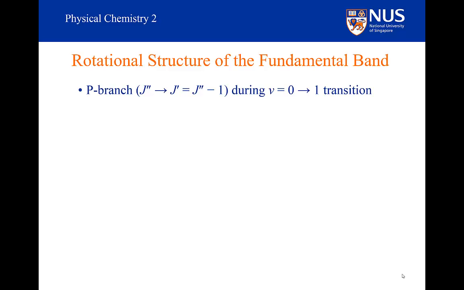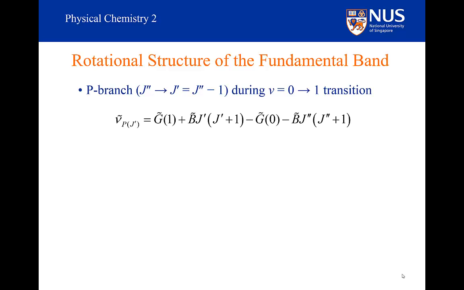The double prime indicates the initial state and the single prime indicates the final state. This is purely a convention. So if my initial state is J double prime, then my final state is related to my initial state because J prime will be equal to J double prime minus 1. The rotational state has decreased by 1, which is the definition of a P-branch transition.